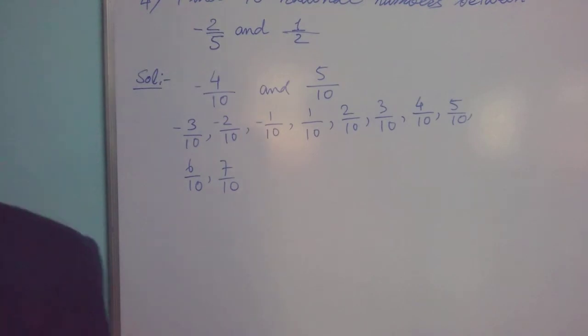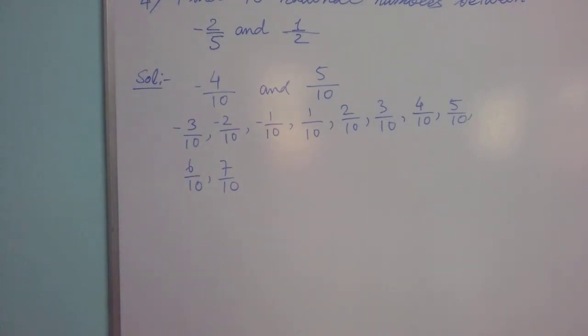So you have got 10 rational numbers between minus 2 by 5 and half.